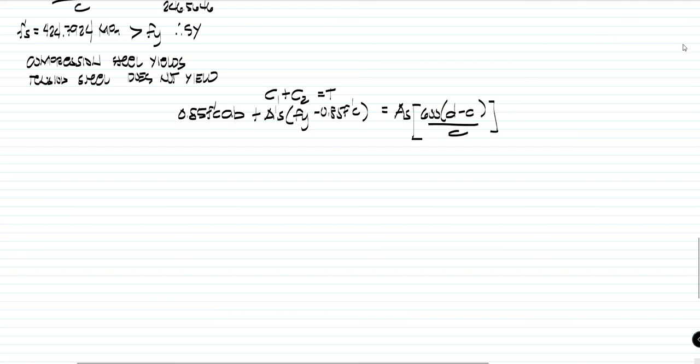So, same procedure, we have to substitute A is equal to beta 1 C. So, ang resulting equation natin will be, that is 0.85 F prime C AB plus A prime S Fy. So, pasok na natin yung mga variables. Minus 0.85 A prime S F prime C is equal to, so, pasok na natin si AS and si 600.